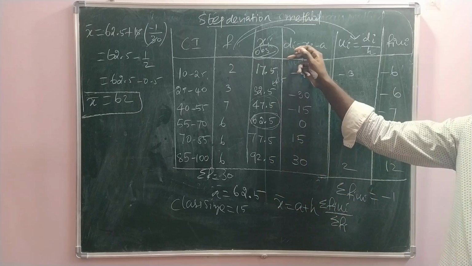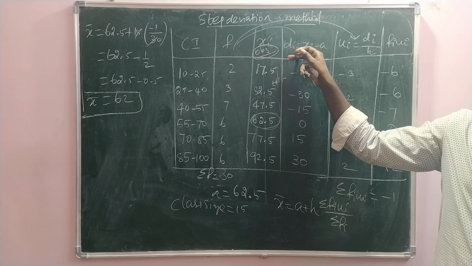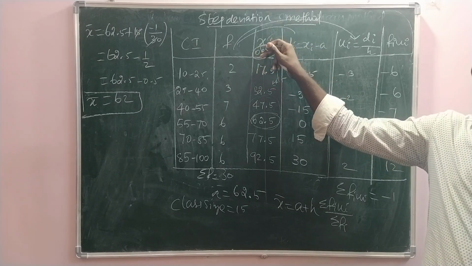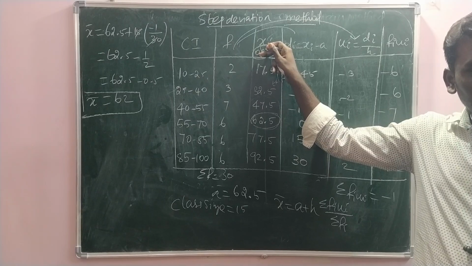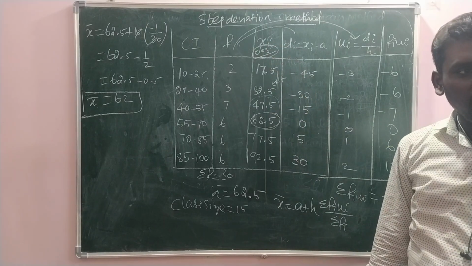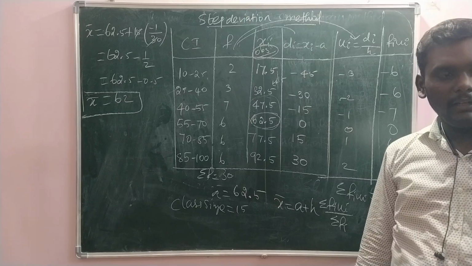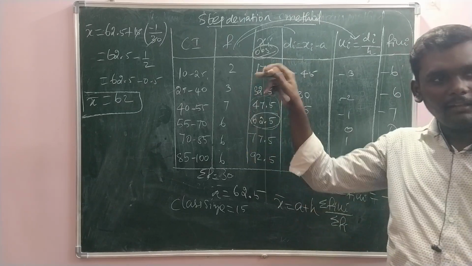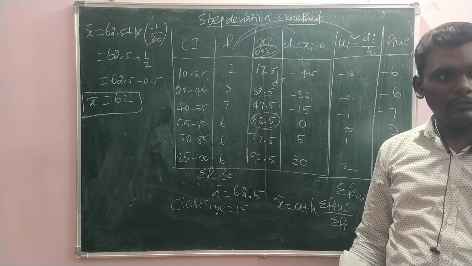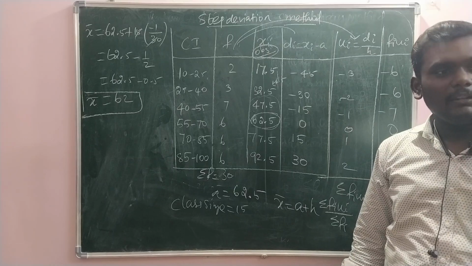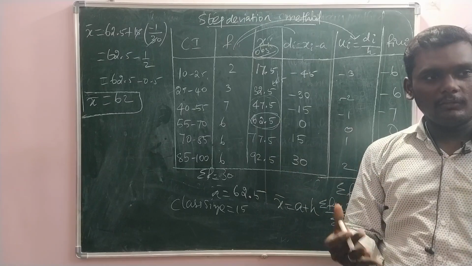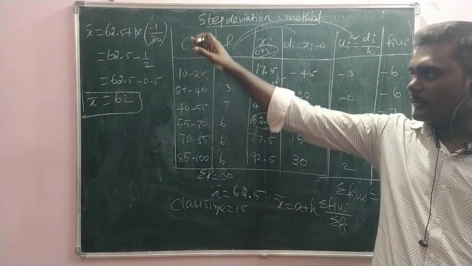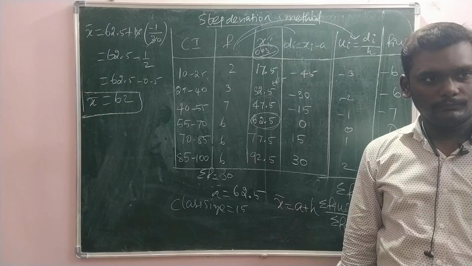Also, be aware of this di. For writing the class marks xi, what is the xi trick? Remember? The first one only we should find exactly and correctly. After finding it correctly, add the class size. To reduce burden, easy calculation, we can do it quickly. For that I am saying. Otherwise, if you are not sure or you are confused, better do class marks for all the class intervals on your own.